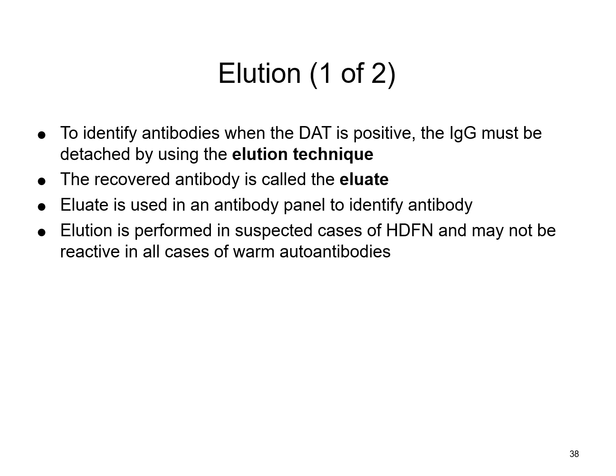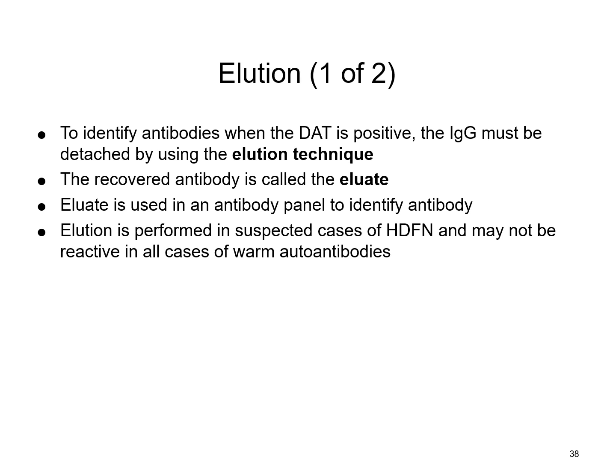What this is looking for is the recovered antibody that will be eluted off of those red cells, and when we elute that off, that is called an eluate. So that eluate, once we've gone through the process to try to remove those attached antibodies on those red cells, we're going to break them off of there.